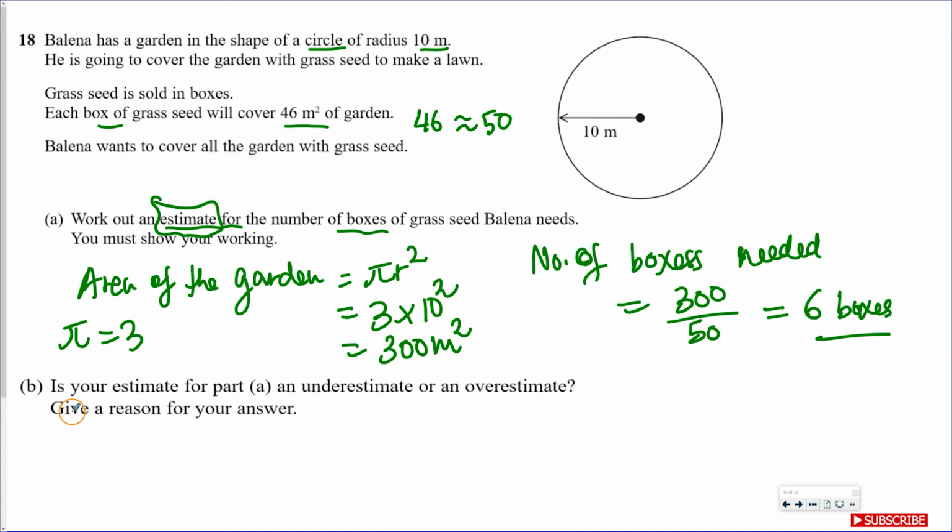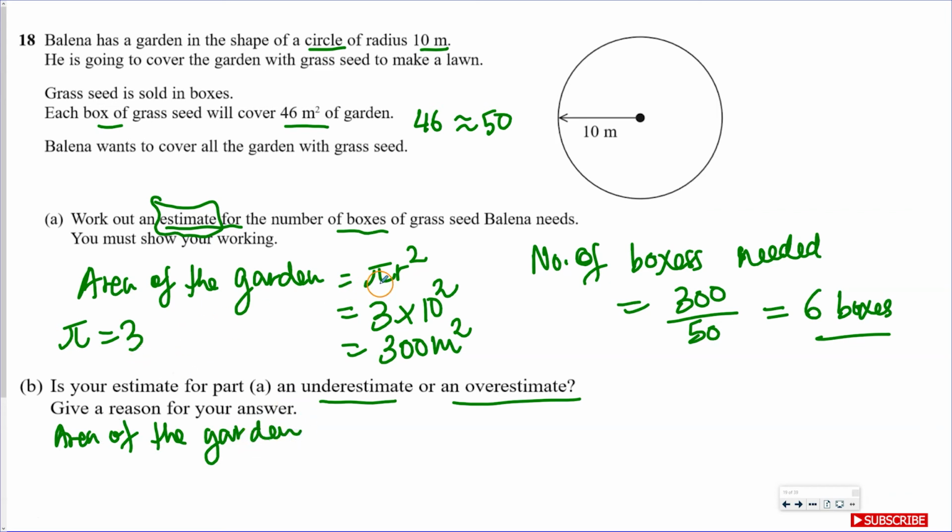And now for part B: is your estimate for part A an underestimate or an overestimate? Give a reason for your answer. So what did we do? We had the total area divided by the area covered by each box. For the total area of the garden, what did we do?